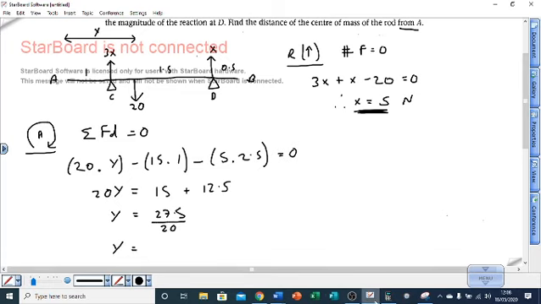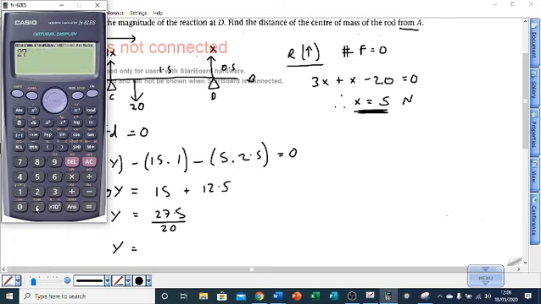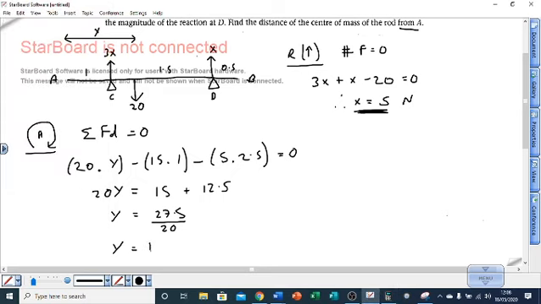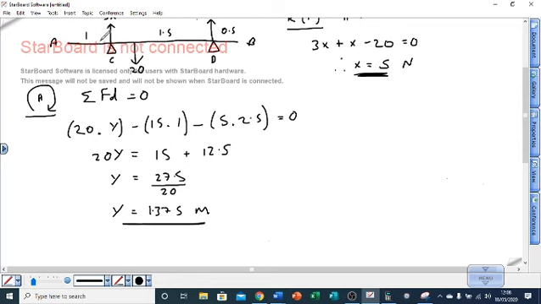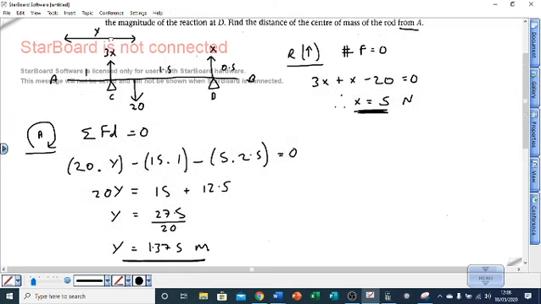So calculator out, 27.5 divided by 20 equals 1.375 meters. Okay, so we've got the distance there. It has to be somewhere around there to make this reaction force 3 times the force of this one here. Okay, so that's the technique for doing these questions.